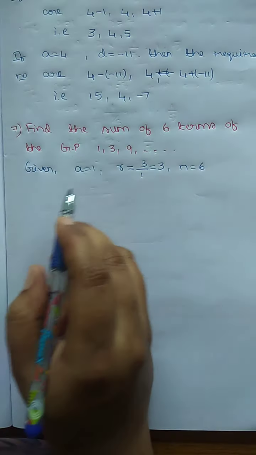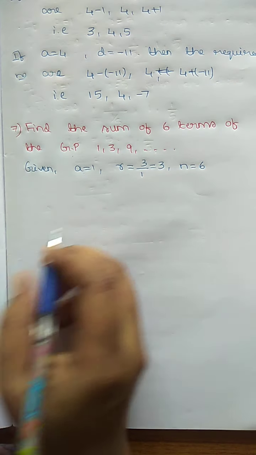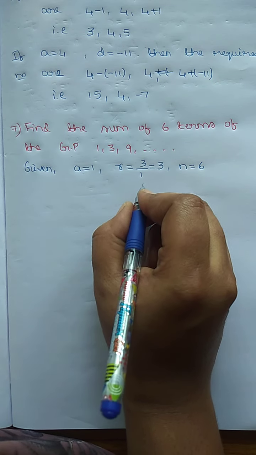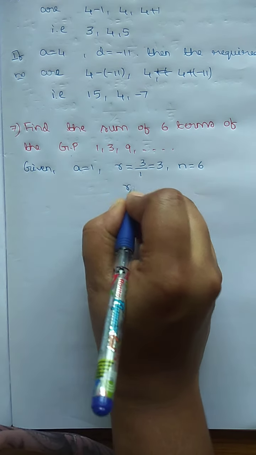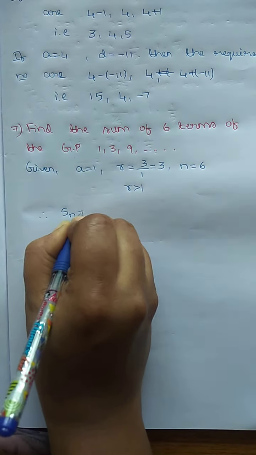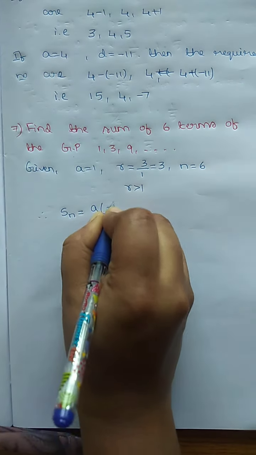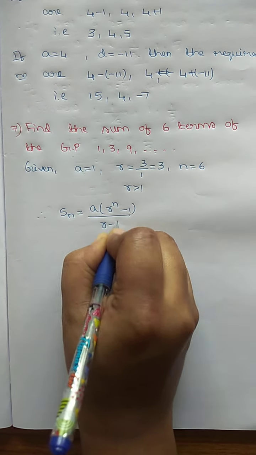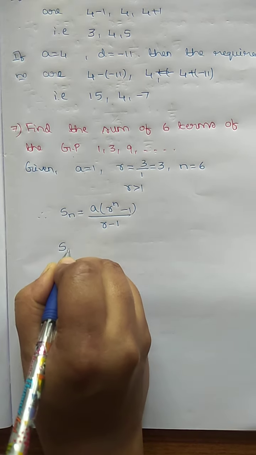Sum of 6 terms, therefore n equals 6. See here, the value of r is greater than 1. Therefore, we have to use the formula Sn equals a into r power n minus 1 divided by r minus 1.